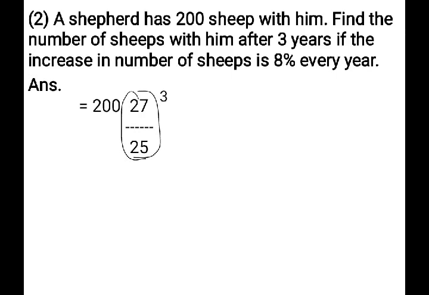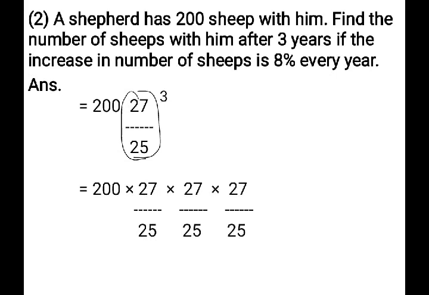Next step, you have to write multiplication form 27 upon 25 three times. All these you have to write in multiplication form. That is 200 into 27 upon 25 into 27 upon 25 into 27 upon 25. Now you have to do the cancellation. 25 ones are 25, 8s are 200.